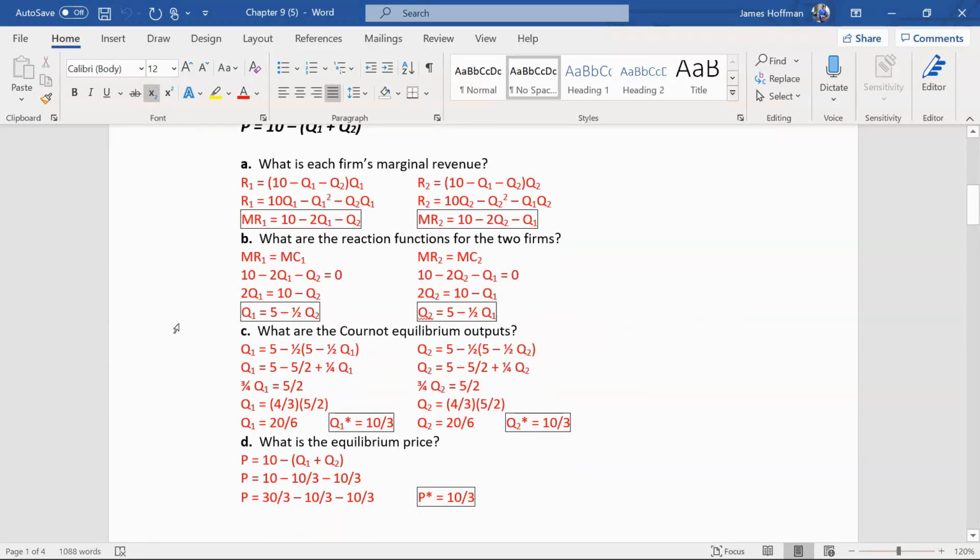Okay, part C. What are the Cournot equilibrium outputs for the two firms? All right, so this part's just a little bit of algebra. You have these two functions: Q1 is a function of Q2 and Q2 is a function of Q1.